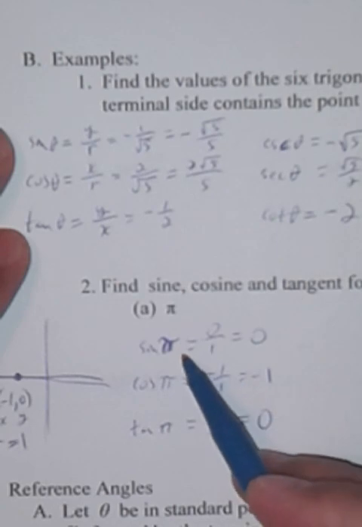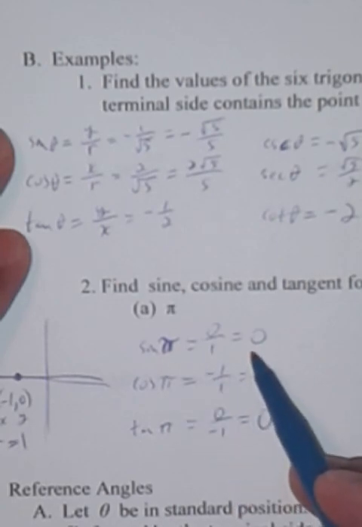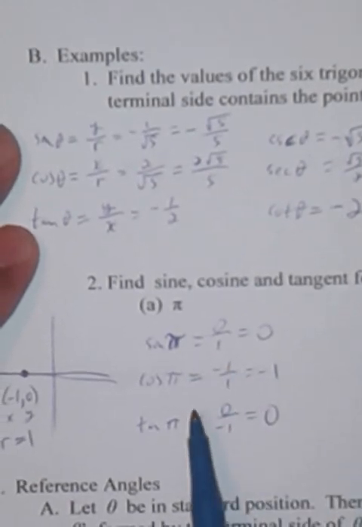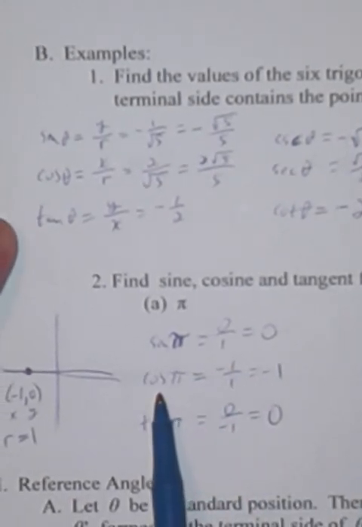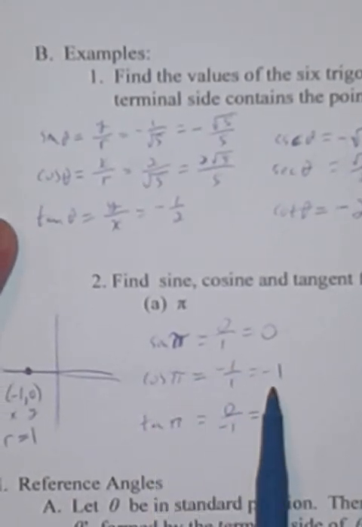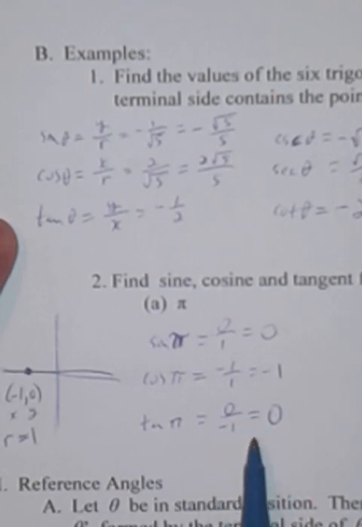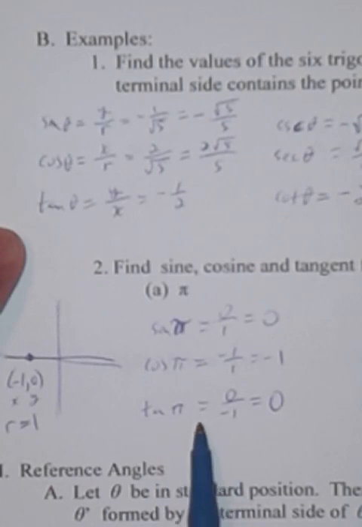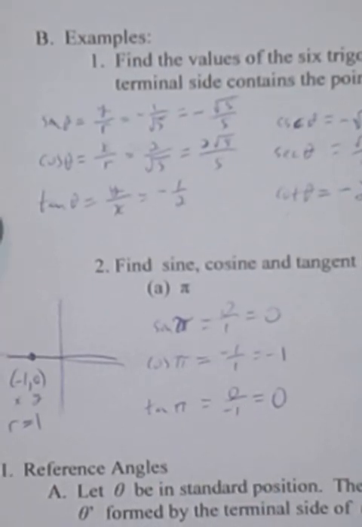And we can also find the other ones. The reciprocal of sine is the cosecant, but that would be 1 over 0, which is undefined. So the cosecant of pi is undefined. The secant will be the reciprocal of the cosine. Cosine is negative 1, so the secant of pi is negative 1. And the cotangent is the reciprocal of the tangent, so the cotangent will be negative 1 over 0, which is undefined.